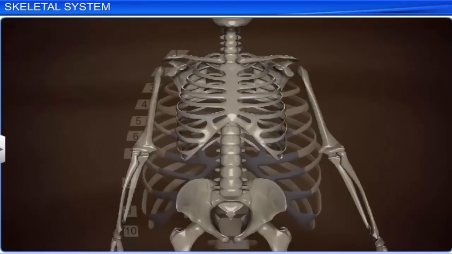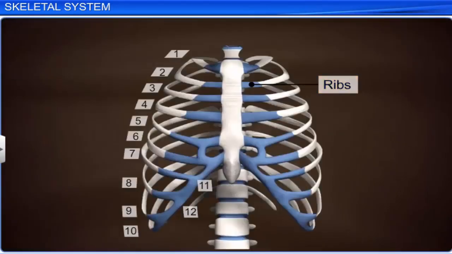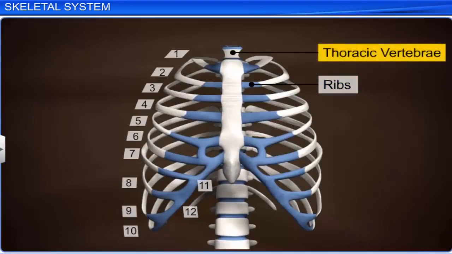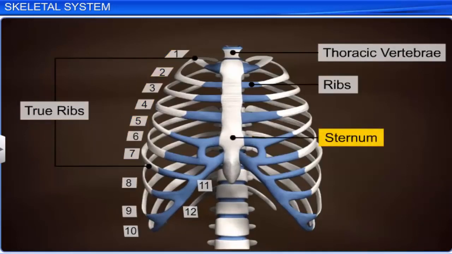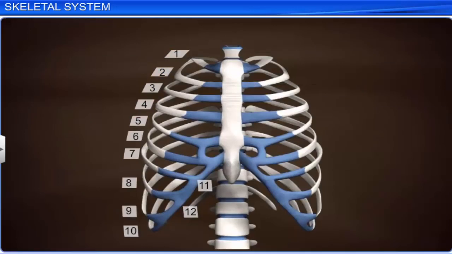There are 12 pairs of ribs, where each rib is a flat bone attached dorsally to the thoracic vertebrae. The first 7 pairs of ribs are called true ribs, as they are attached dorsally to the thoracic vertebrae and ventrally to the sternum by means of hyaline cartilage. The 8th, 9th, and 10th pairs of ribs are called false ribs or vertebrochondral ribs.